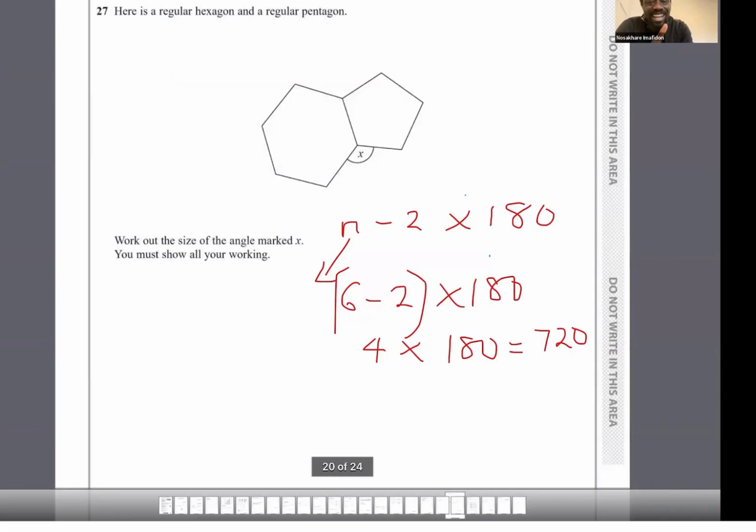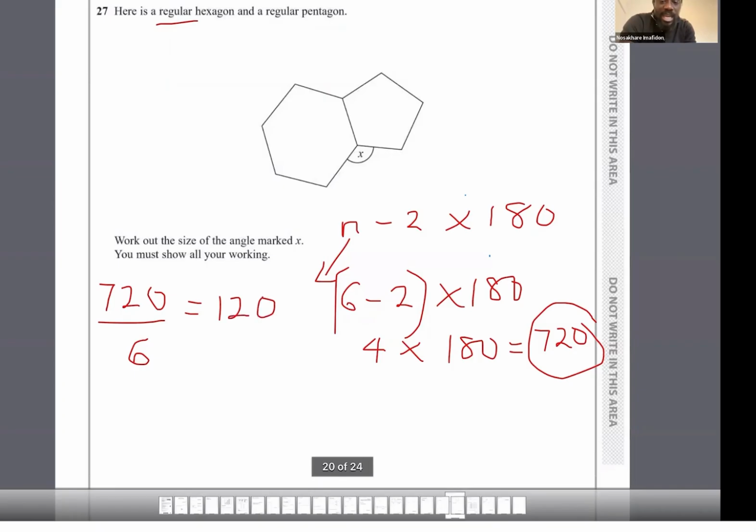Now, if it is regular, like I said, it means all the angles are equal. If the 6 angles give us 720, then each angle, we divide 720 by 6, and that gives us 120 each.